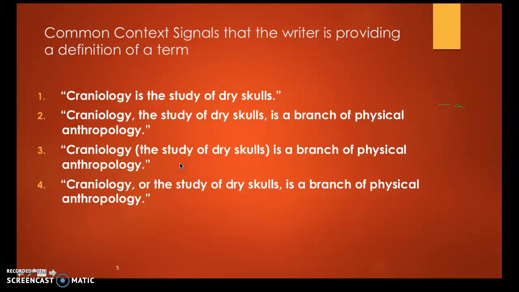And then the last way you may see it is sometimes it'll still be set off with commas, but it might say "or": craniology, or the study of dry skulls, or in other words, the study of dry skulls, something to that effect, is a branch of physical anthropology. Those are just some common ways that writers are going to deliver that information to you.